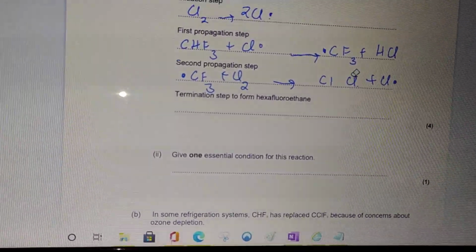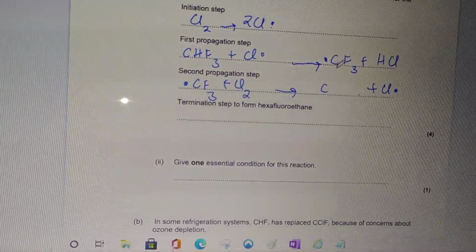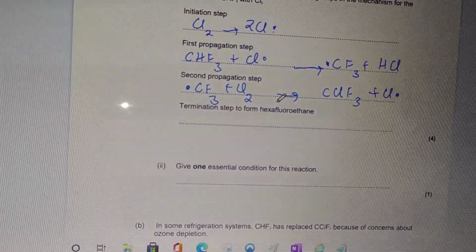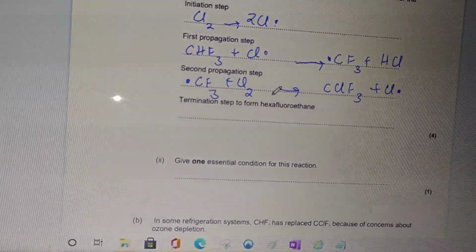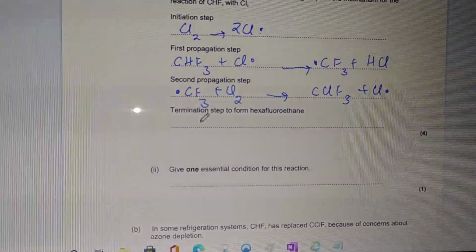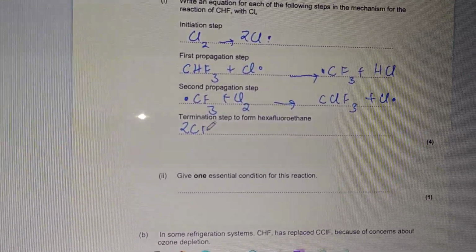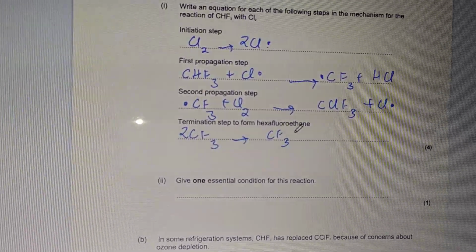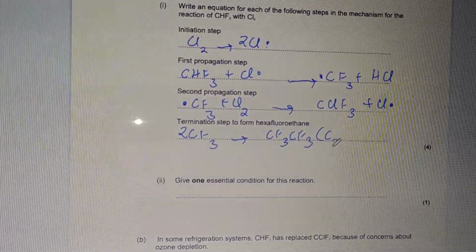If I want to put that a little bit in the center, and then termination to produce our hexafluoroethane. This will lead to the production of this.